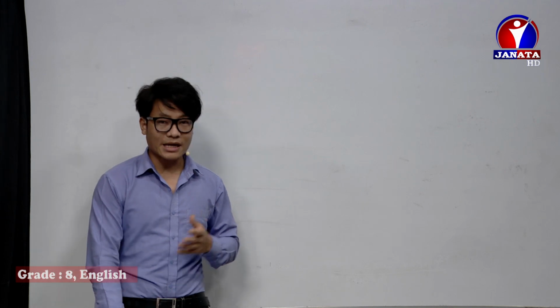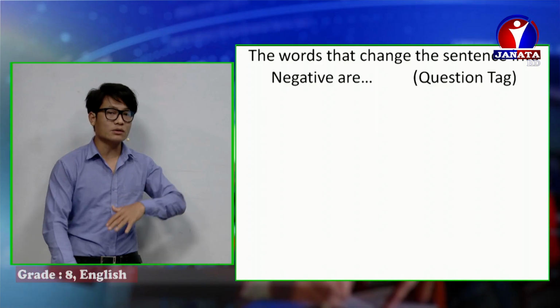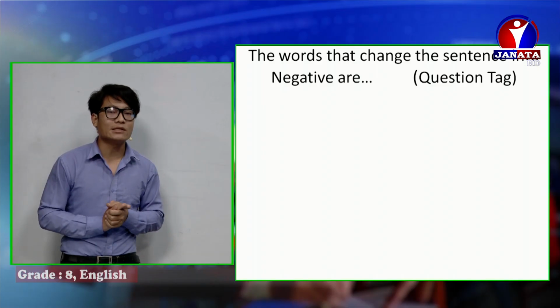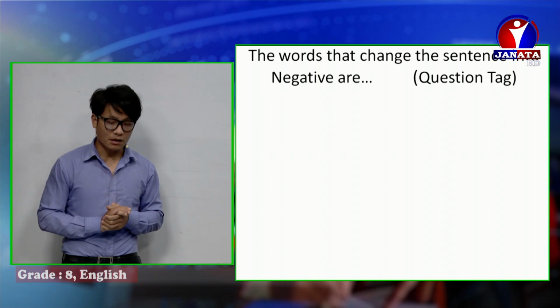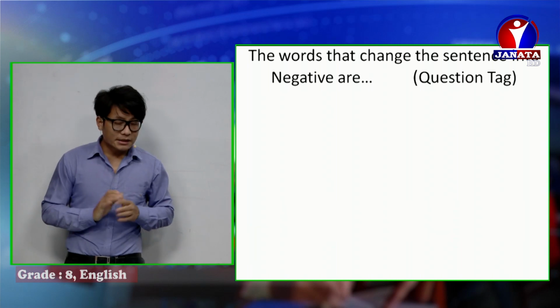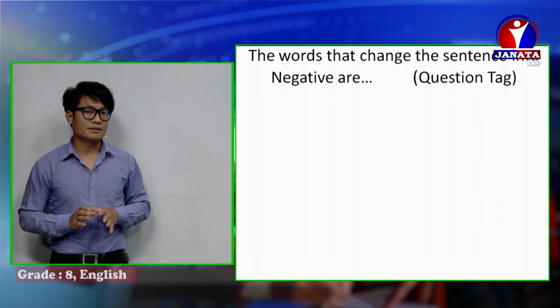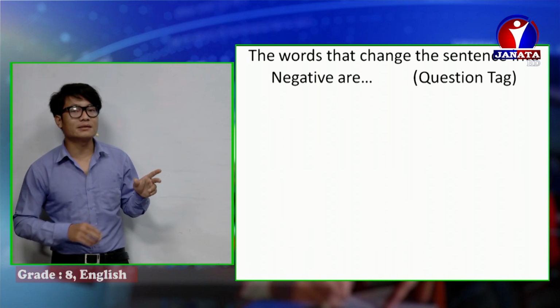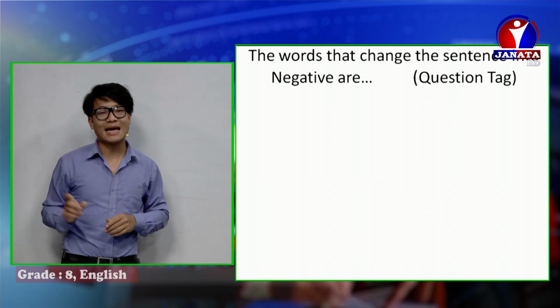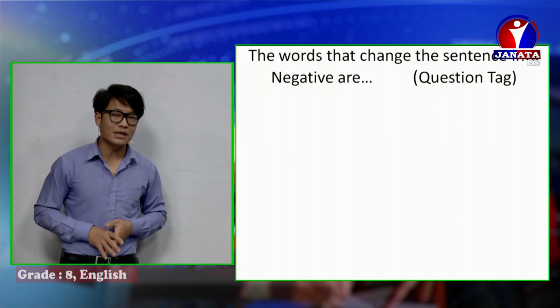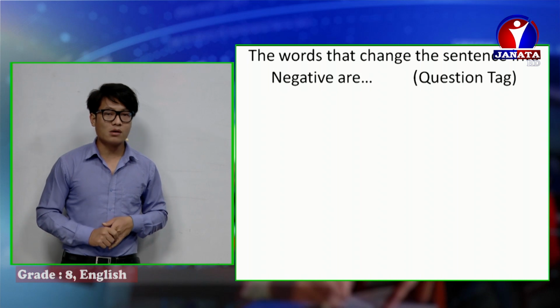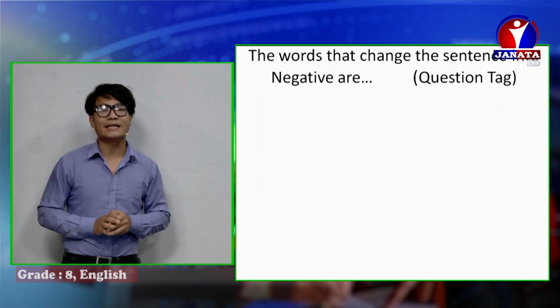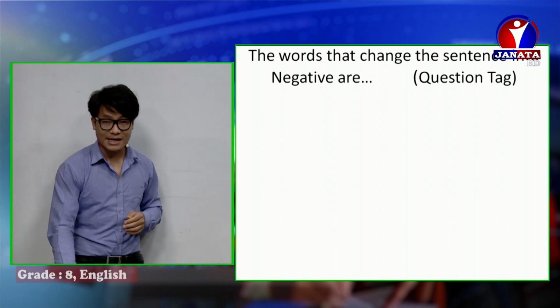First of all, before that, let's see some words which change the whole sentence into negative, because this is very important for us, because we know that if the statement is positive, then the question tag should be negative. That's why we should know that there are some words which change the whole sentence into negative. So what are they? Let's see here.